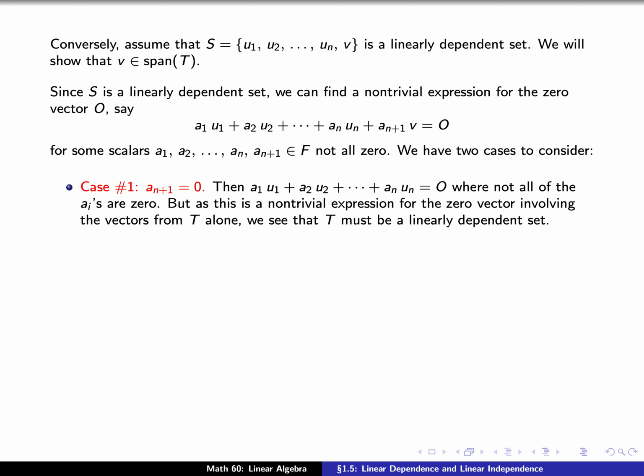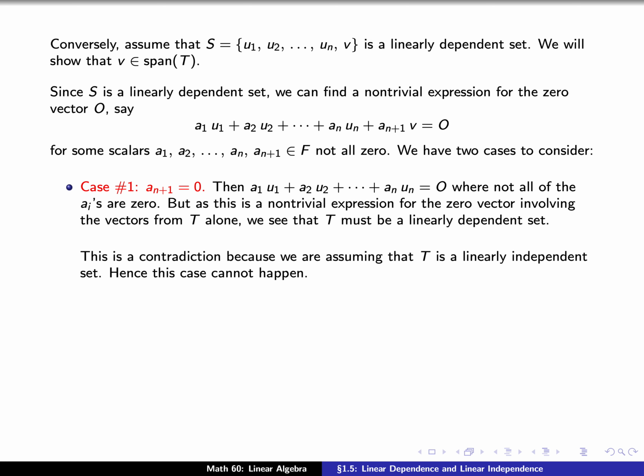And in this case, a sub n plus 1 is 0. So that means that the first n, a sub 1, a sub 2 through a sub n, are not all 0. But here we have a non-trivial expression of the 0 vector involving just vectors from T, showing that T must be a linearly dependent set. However, this is a contradiction because the problem assumes that T is a linearly independent set. So case number 1 cannot happen.